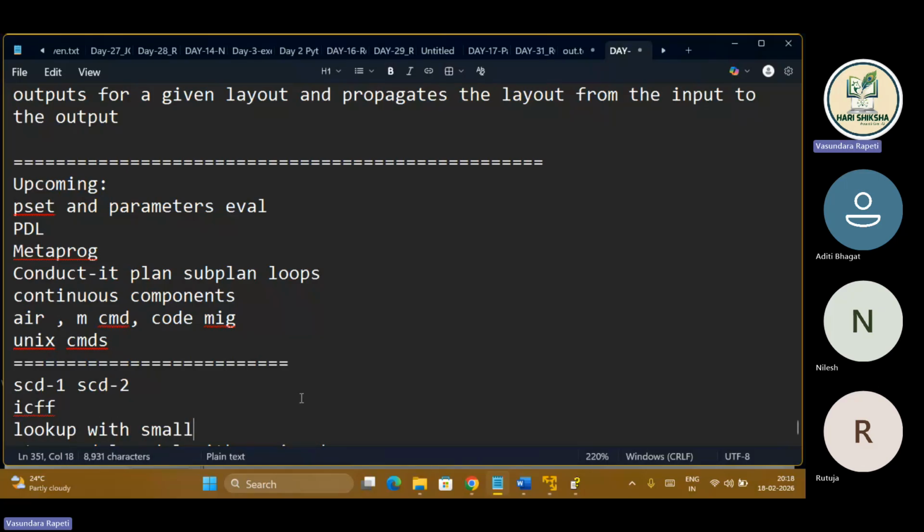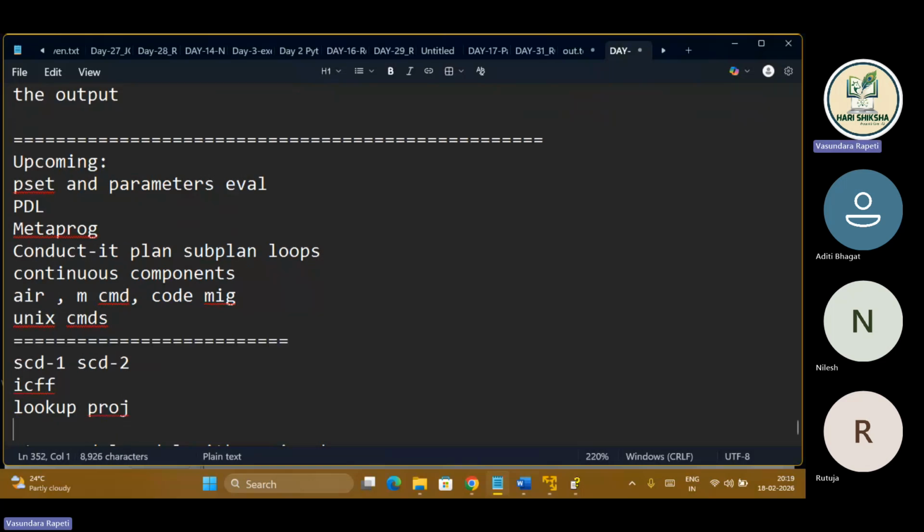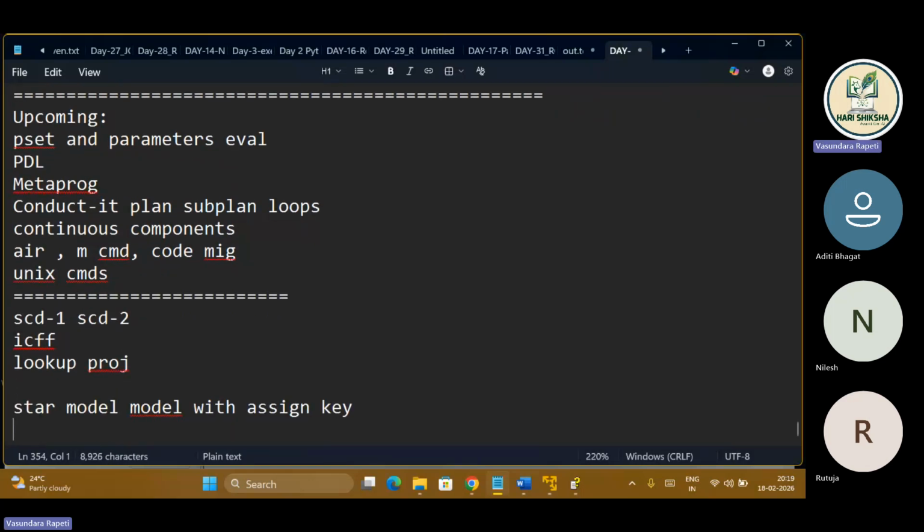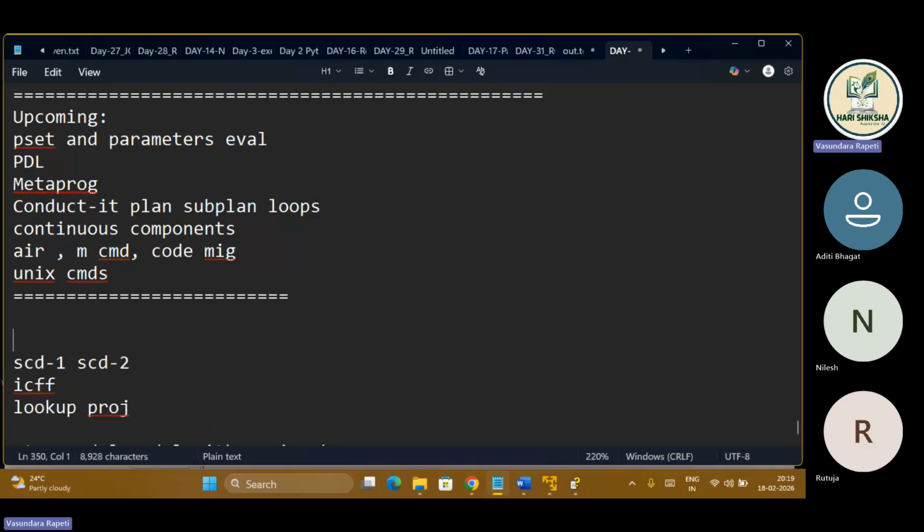One small project of lookup we have covered. And normalize we have completed, but vector flattening related one project was there.